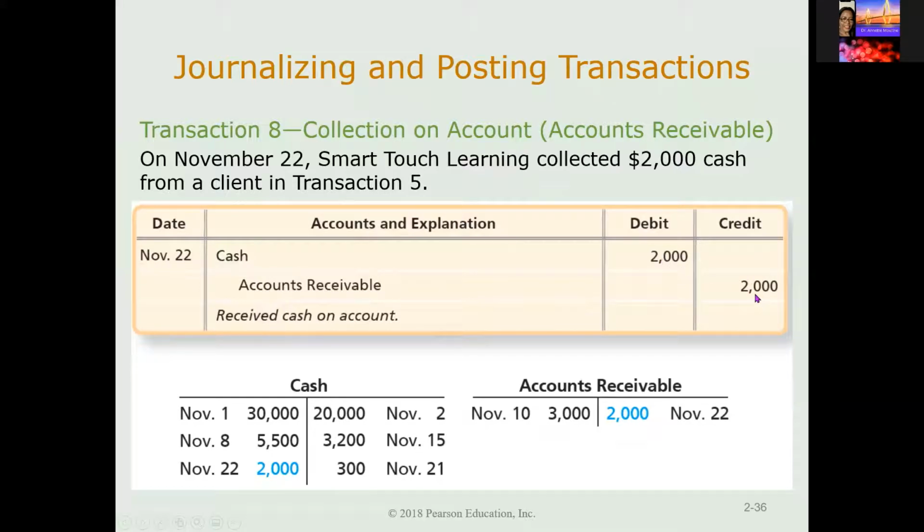Accounts receivable is credited for $2,000. So again, we know that cash, because of the debit, is increased, right? But accounts receivable is decreased because of the credit of $2,000.